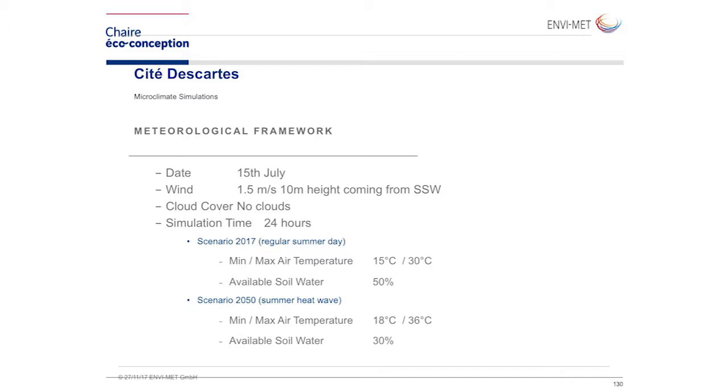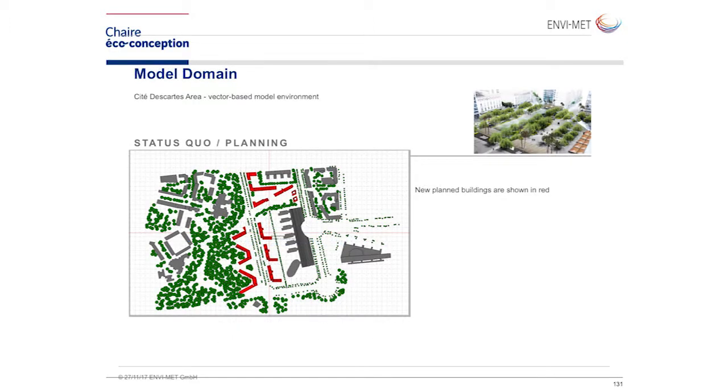So for the regular day, for the summer, we used 50% water. And for the hot scenario, 2050, we said we have only 30% of available soil water. So that would be a day within a longer lasting period of hot days or warm days, where we already get some shortage of water in the soil system. Okay, next slide, please.